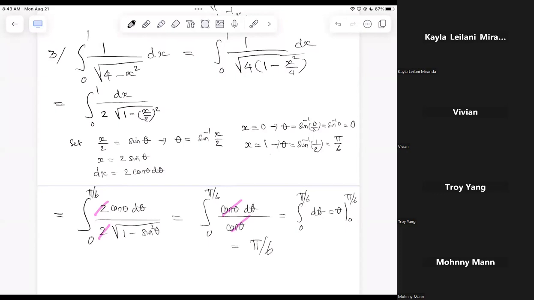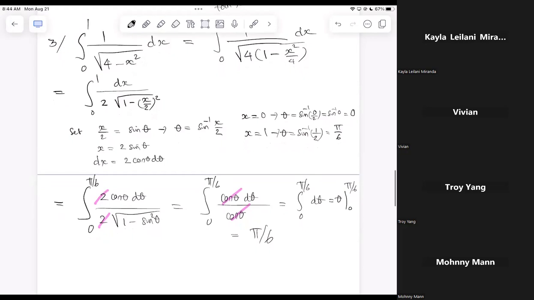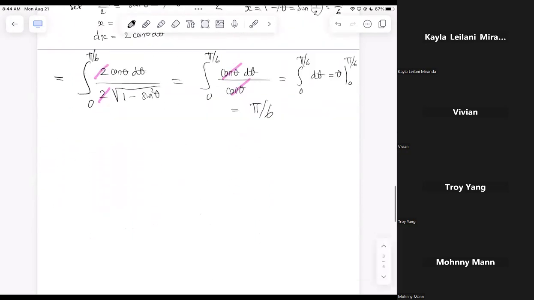Okay, any question for this problem? If not, we can move to the other example, the integral from 0 to 1/3 of 1 over the square root of 1 minus 9x squared dx. First of all, which one will we use, sine or tangent?